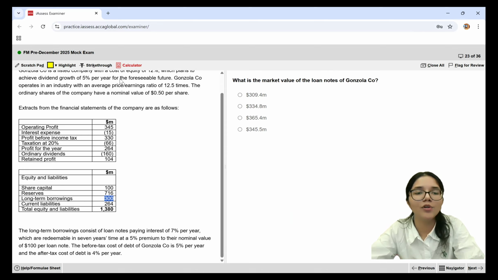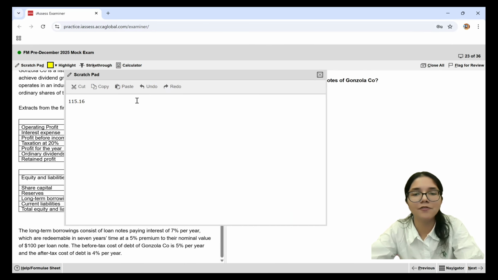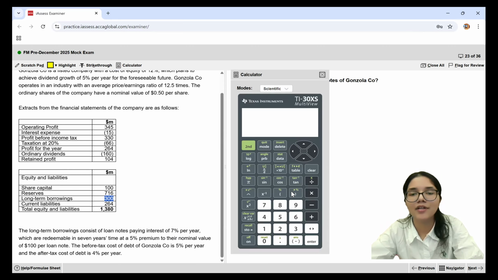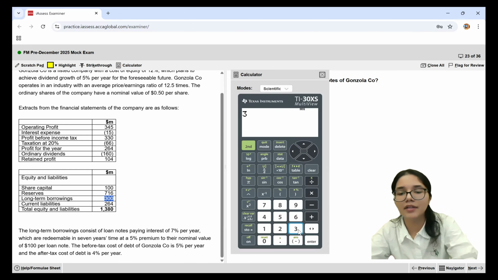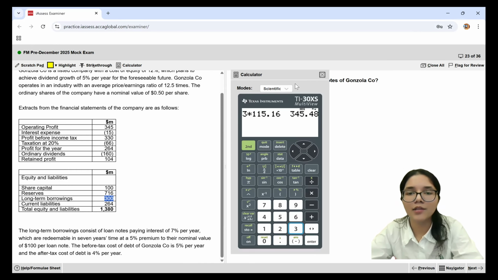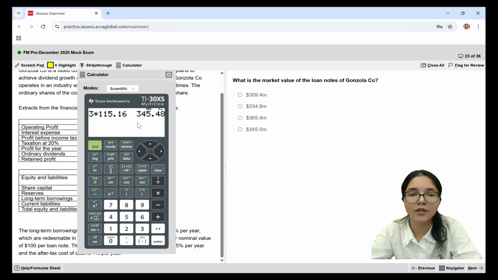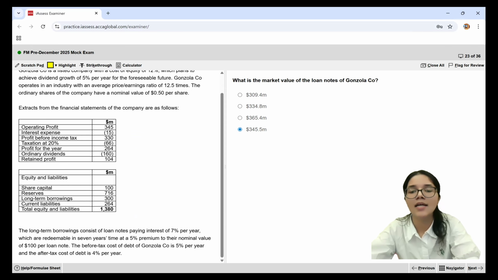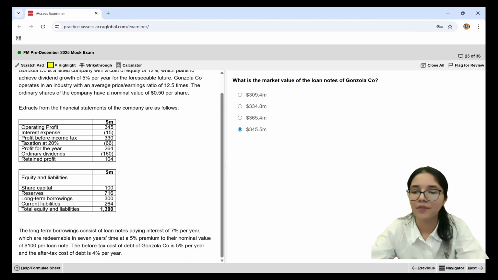So if one loan note is worth 115.16, then 3 million are going to be worth 3 into 115.16. If you take the product, roughly $345.5 million is the total market value of the loan notes that Gonzola company has in issue.